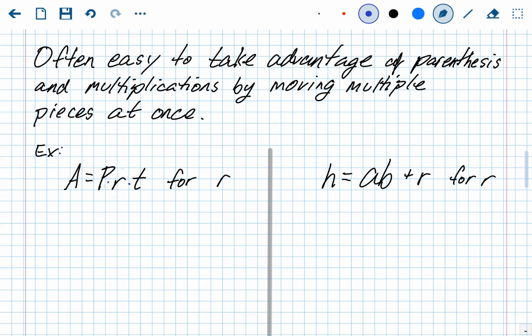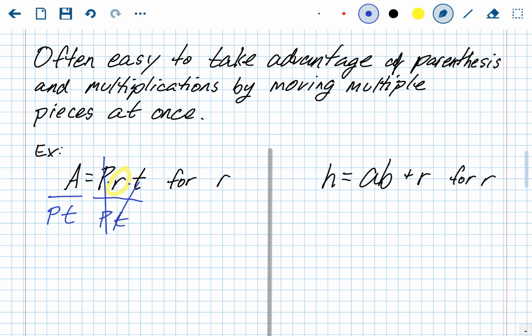So if we want to get R by itself, and it's currently being multiplied by P and by T, we would just reverse those with a division. And we can do that all at once. We can divide the entire right side by P times T. P over P crosses out, T over T crosses out. Now again, whatever we do to the right side, we have to do to the left side.